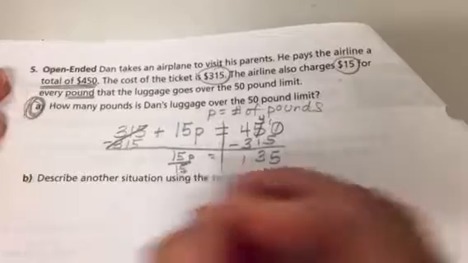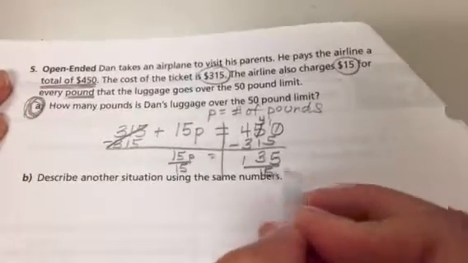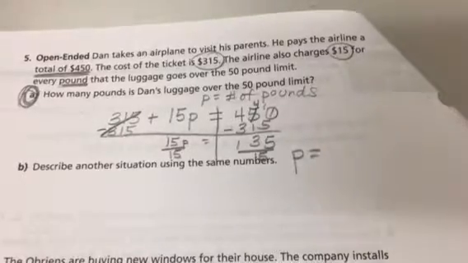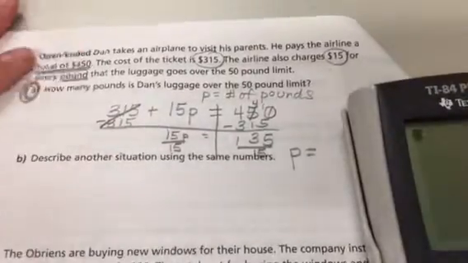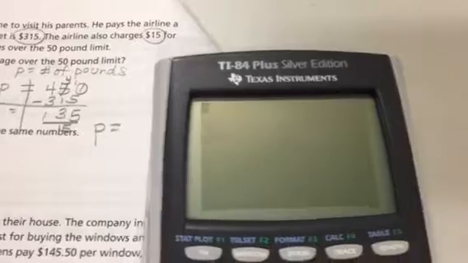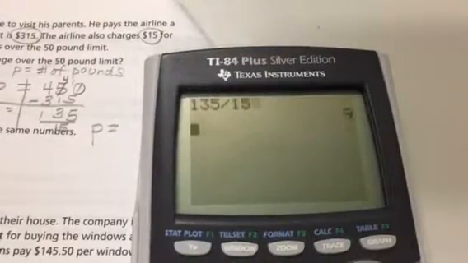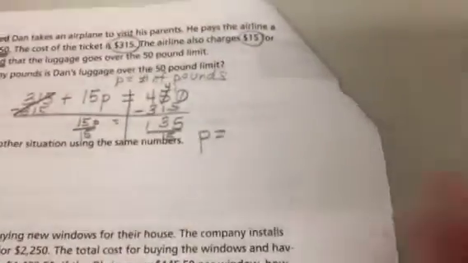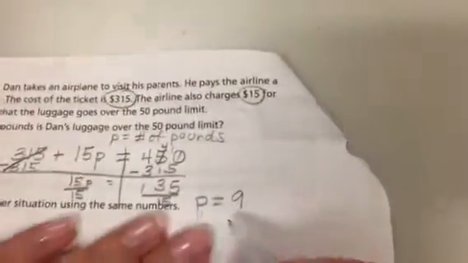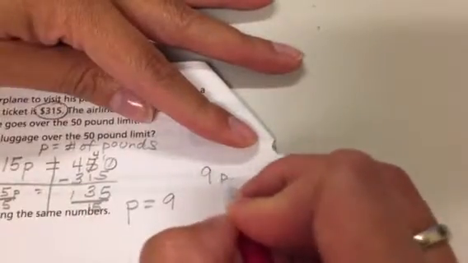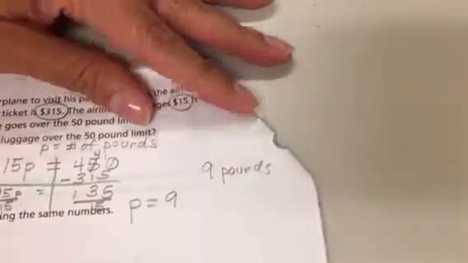I'm going to divide by 15. You may know that, or you can do it on your calculator. So if I type that in, I'm going to do 135 divided by 15, and I get 9. So that tells me that his luggage was 9 pounds over the limit.